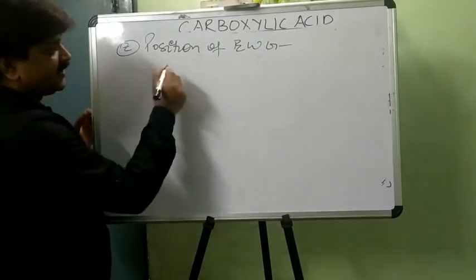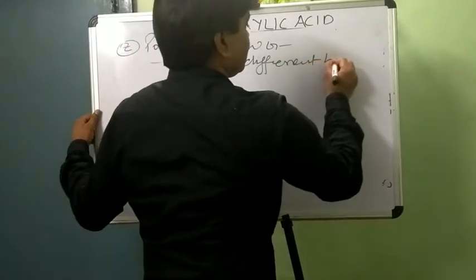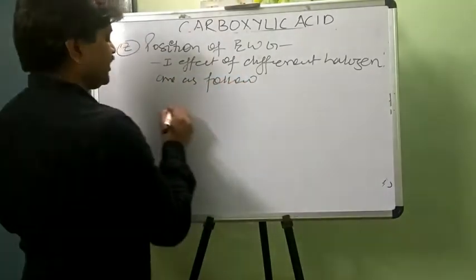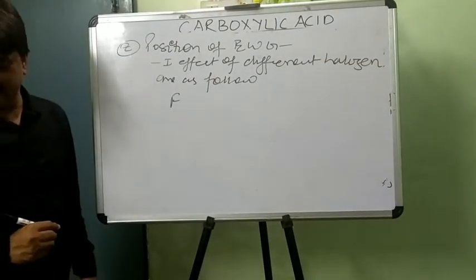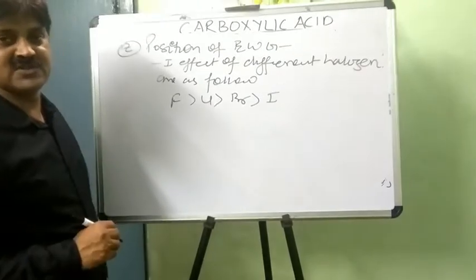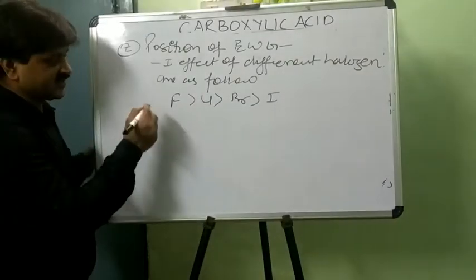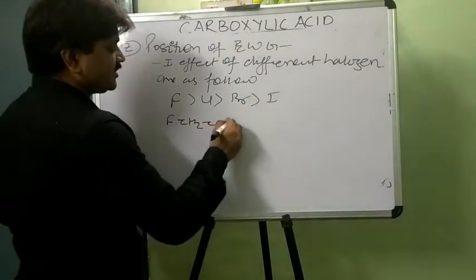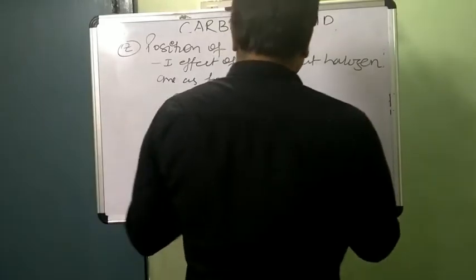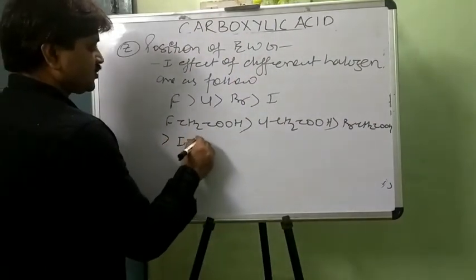The minus I effect of the different halogens is as follows: fluorine, having the highest electronegativity, is greater than chlorine, greater than bromine, greater than iodine. So the acidic character of these halogens in the same compound is: fluoroacetic acid, FCH2COOH, is greater than ClCH2COOH, greater than BrCH2COOH, greater than ICH2COOH.